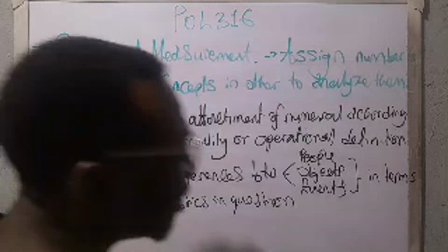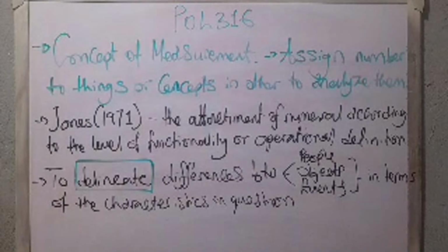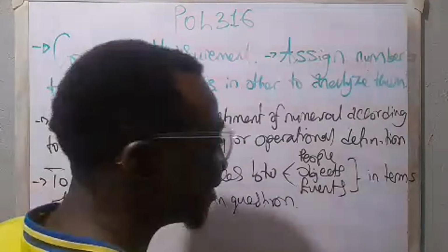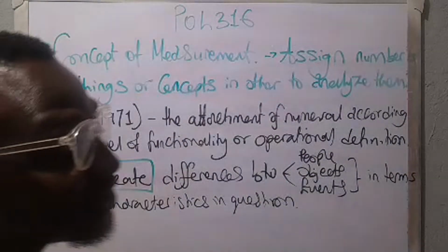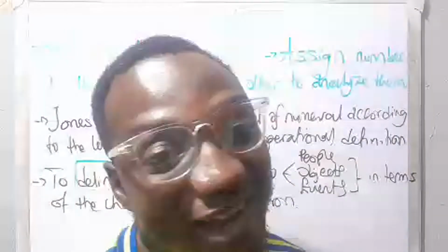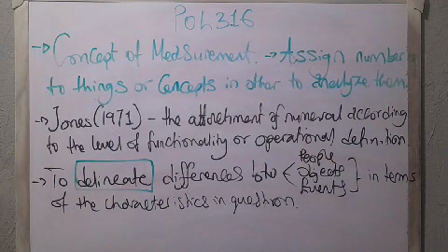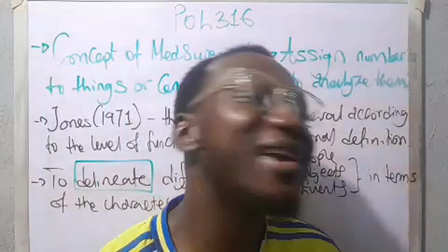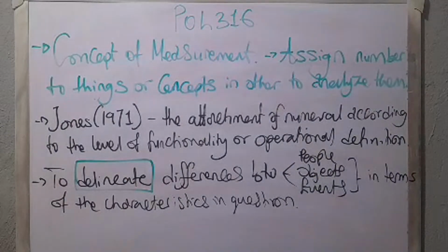Because size is also a measurement. In some cases, it could be the quantity. 1 kg of rice doesn't go for the same price as a 10 kg bag of rice. So basically, measurement goes a long way in our daily life activities.